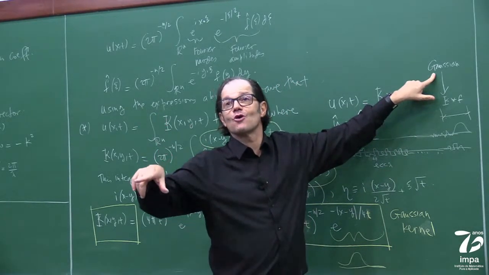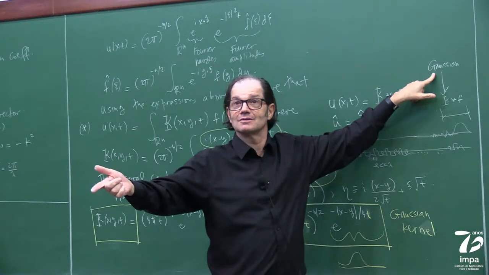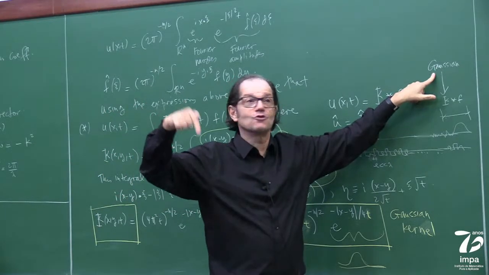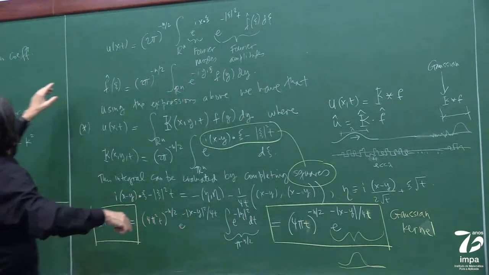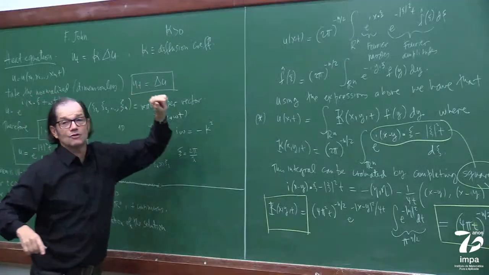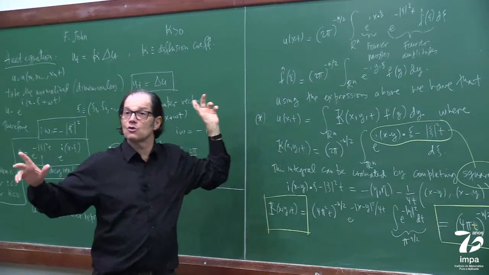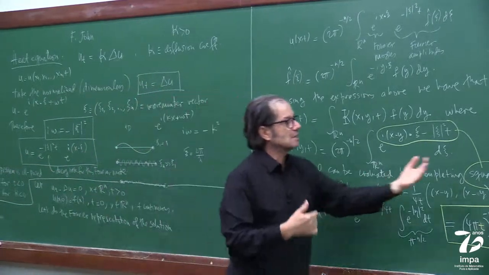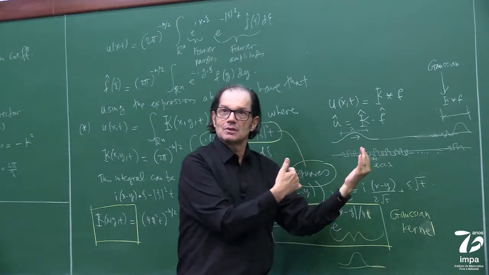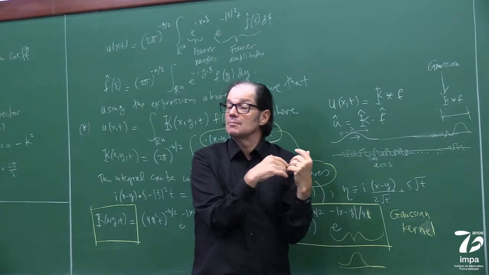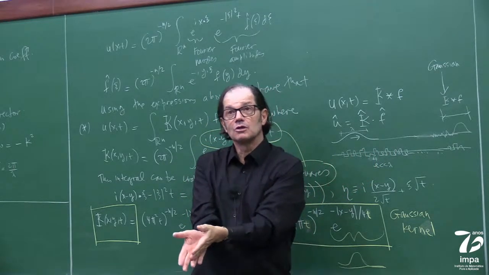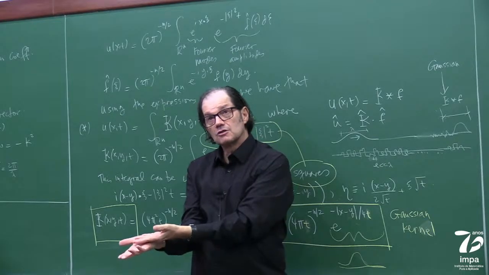That's why it is called an apparent diffusion. Because there's no diffusion coefficient, there's no u_xx in the equation, in the PDE. But it's basically this reflection mechanism that is mathematically very similar to a diffusion.